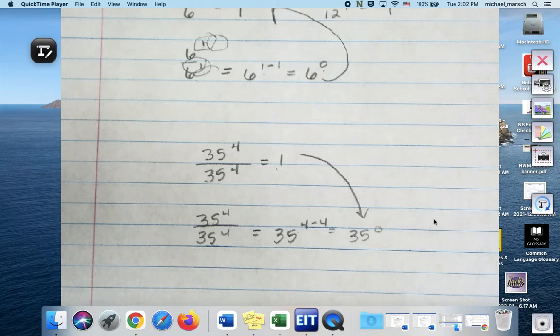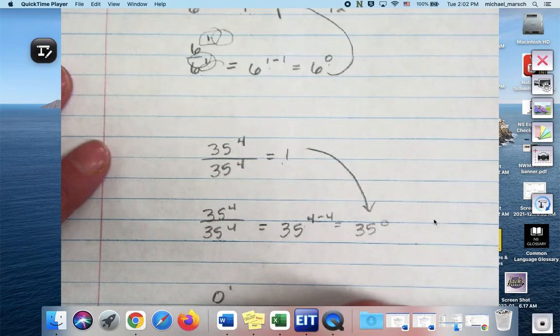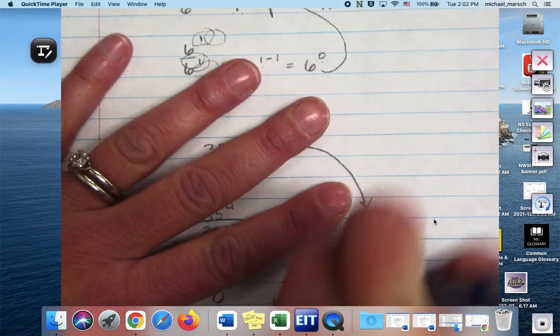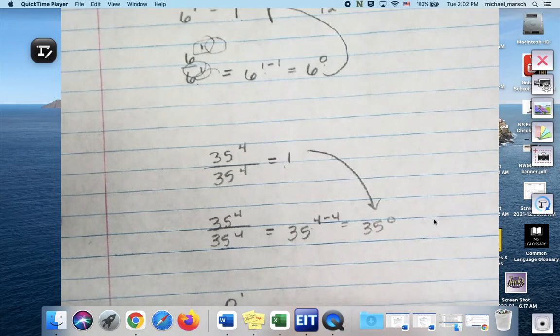Okay, but what about 0? 0 to the 0. 0 divided by 0, 1? I thought it was 0. It's 0 times 0, that's just 0. 0 divided by 0 equals 1. Huh? No. It's just a rule, guys.